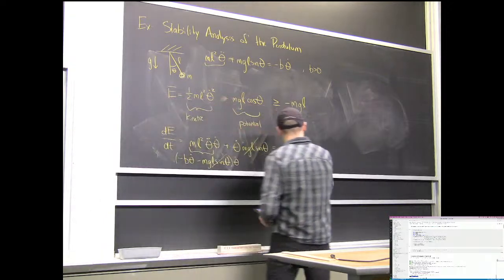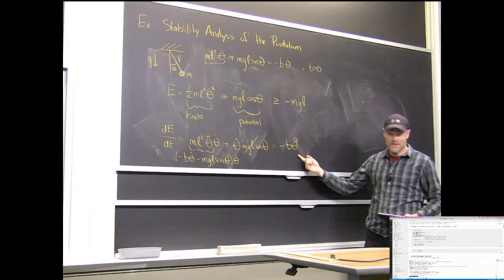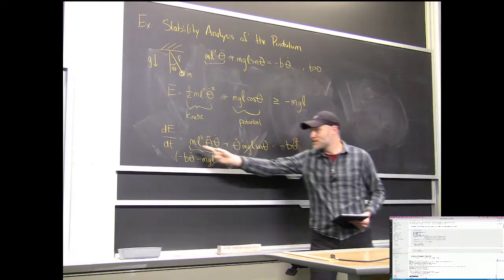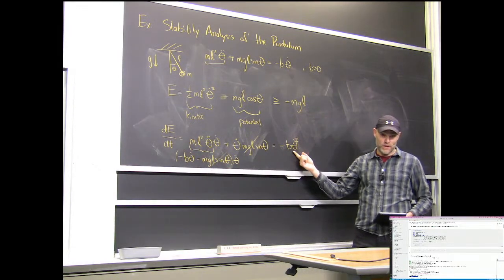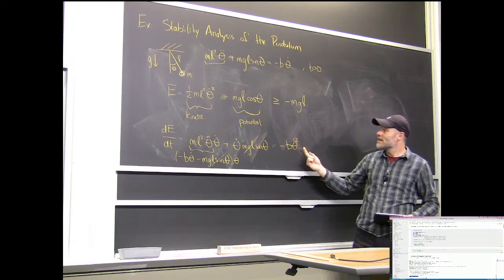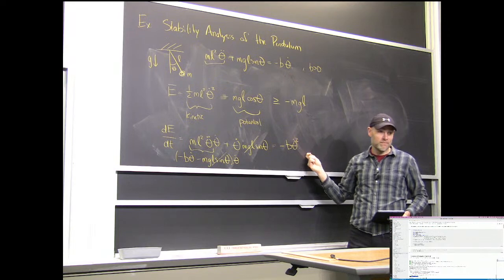Now, if you're mechanically inclined or know your mechanics, that's not surprising, right? This is saying the rate of change of energy is negative b theta dot squared. Another way to think about this is torque times velocity. That's the rate of change of energy.